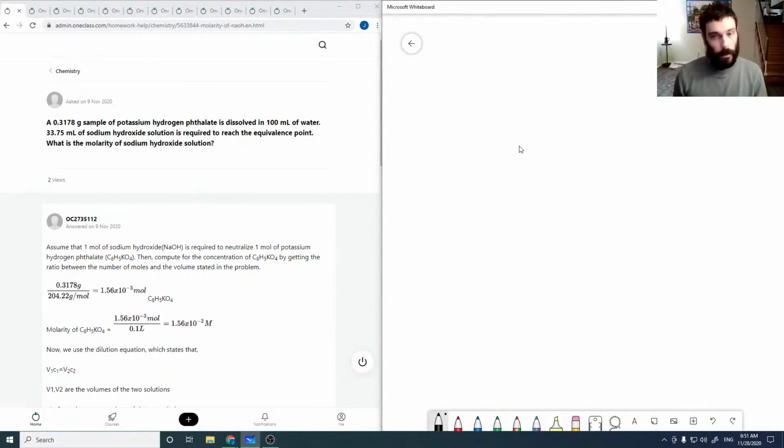Okay, so we've got a 0.3178 gram sample of potassium hydrogen phthalate. So that would be KC8H5O4.